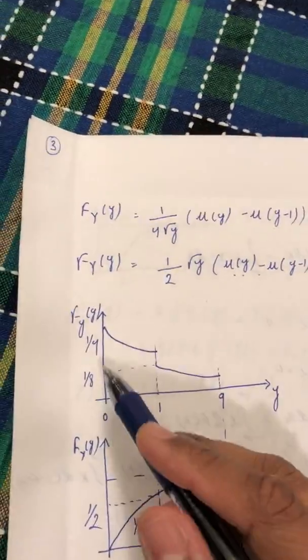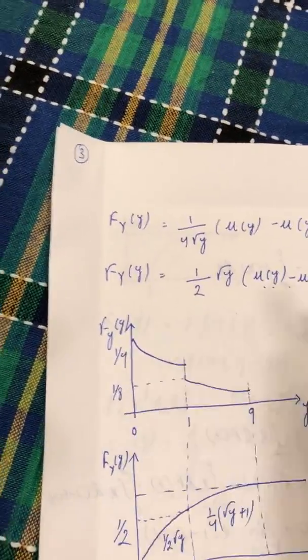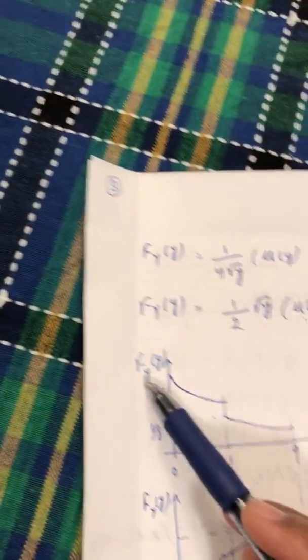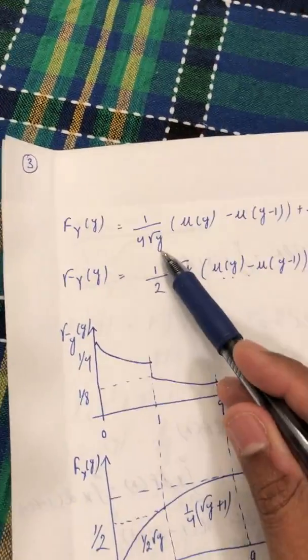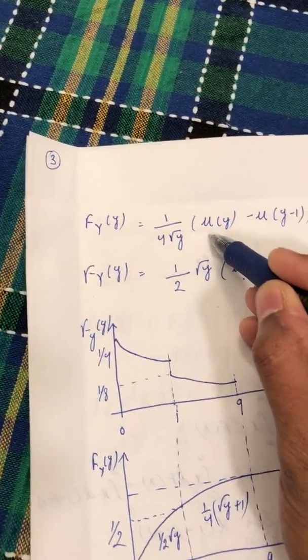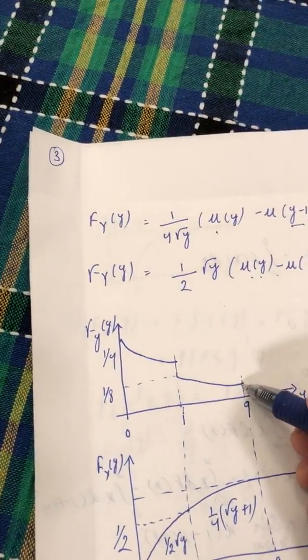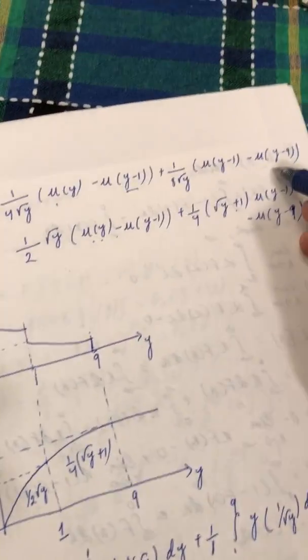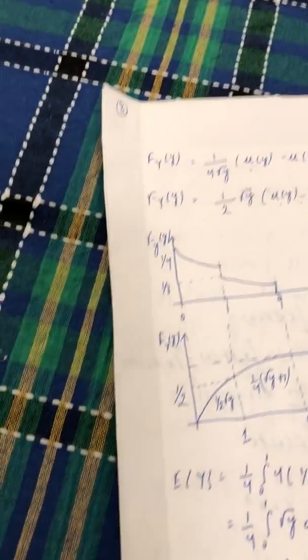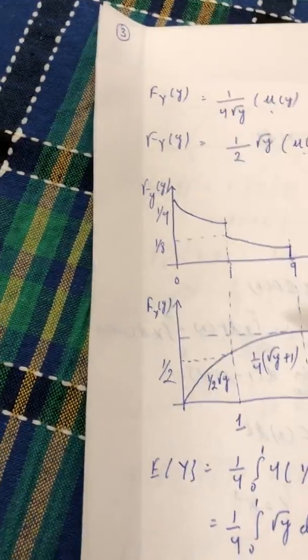From this we can obtain this graph, and we're getting the 1 by 8 value from the second part and 1 by 4 from the first part, and it will step at 1 because of u(y minus 1), and the second part will end at 9, because of u(y minus 9). In the same way we can obtain the distribution function.